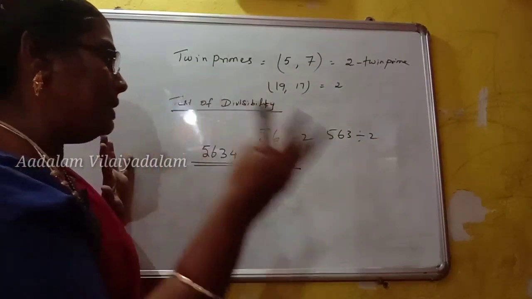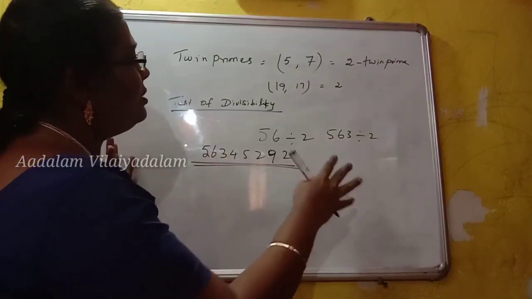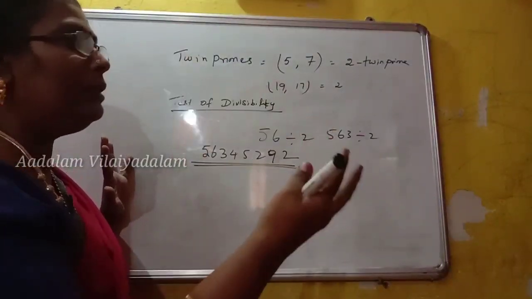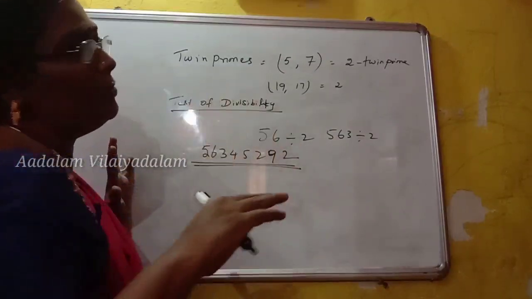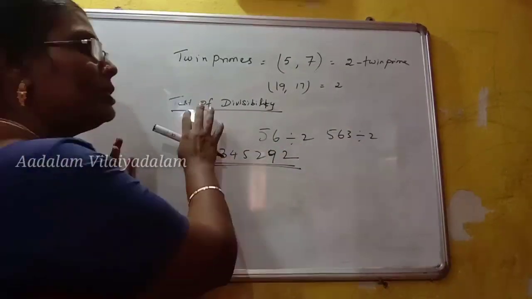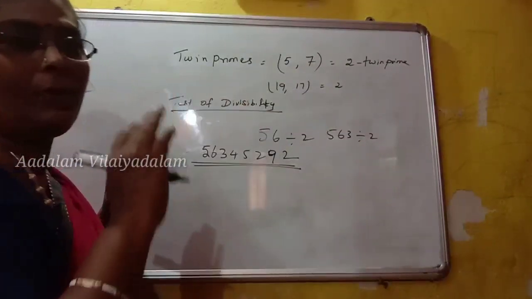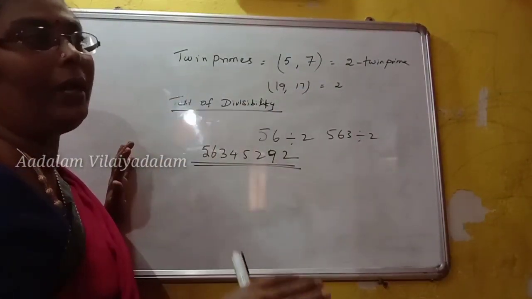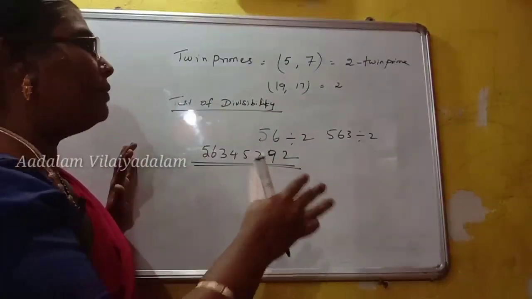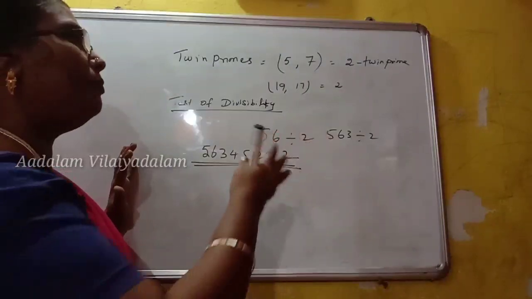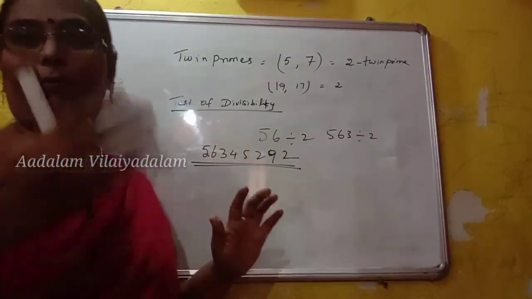To find out easily whether such a large number is divisible by 2 or not, you can say with the help of the test of divisibility rule. With the help of this rule, we can say whether a number is divisible by 2, 3, or 5. So, like tables, you have to memorize these rules also.